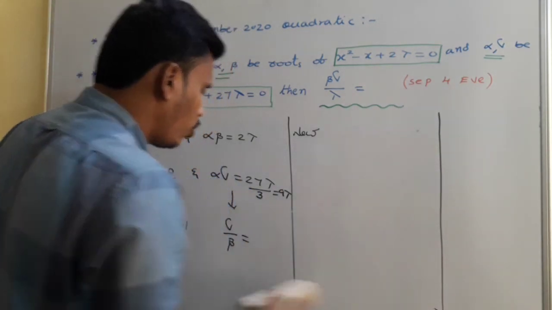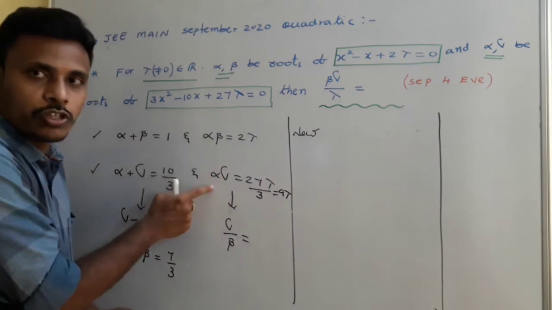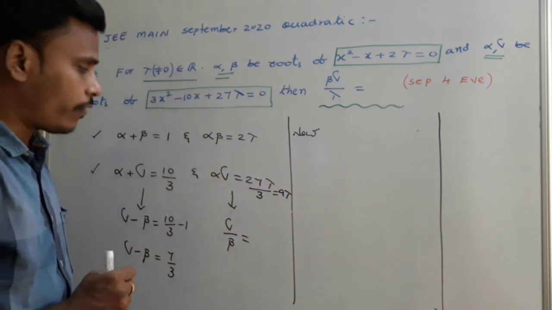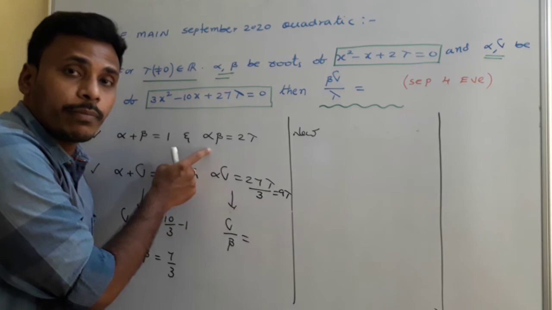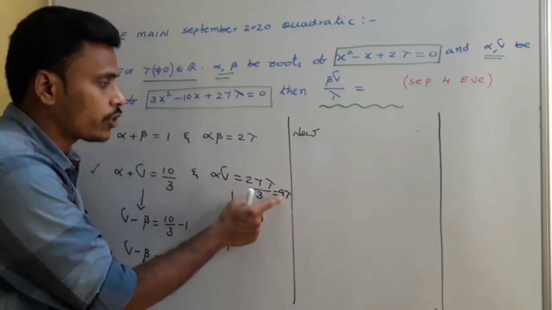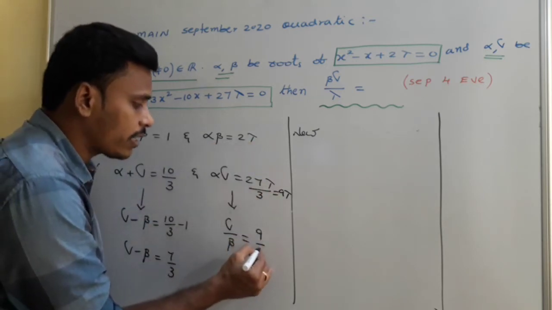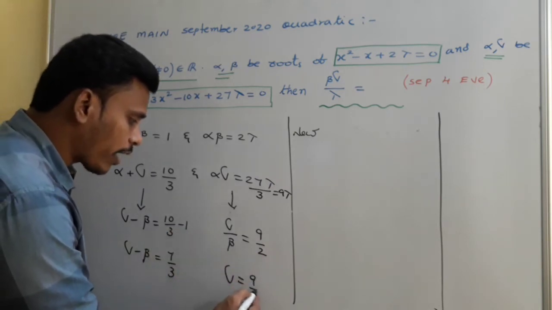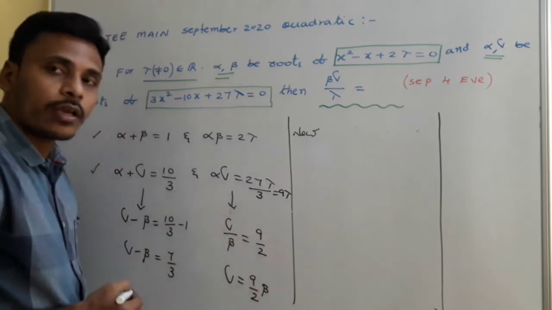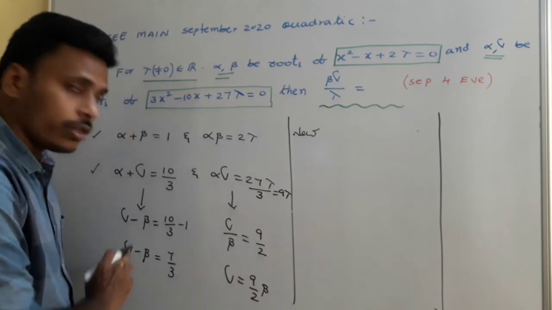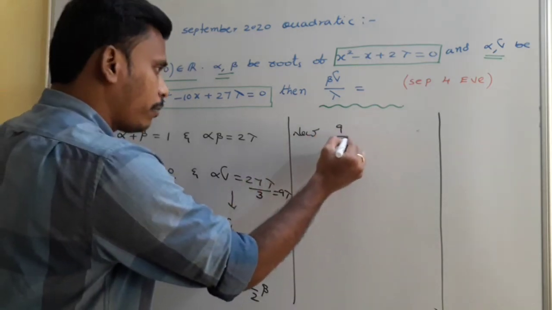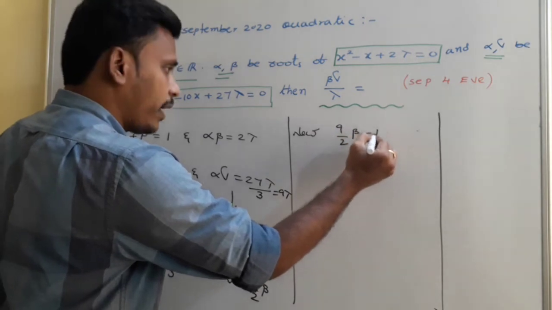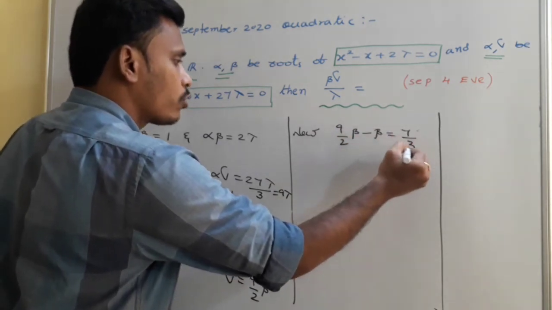Now if you just have a look, again the procedure is the same, but a little bit values different, okay? Alpha gamma by alpha beta is gamma by beta, which is equals to 9 lambda by 2 lambda, is 9 by 2, right? Now from there gamma is equals to 9 by 2 beta. Now replace this gamma value in this. 9 by 2 beta minus beta is equals to 7 by 3.